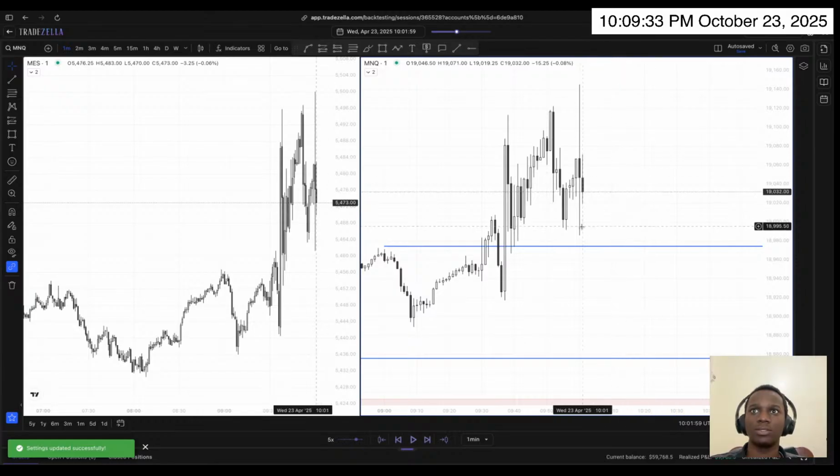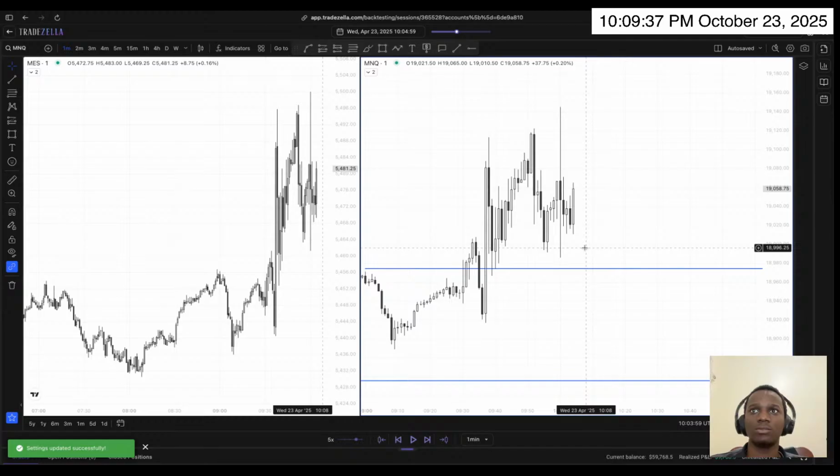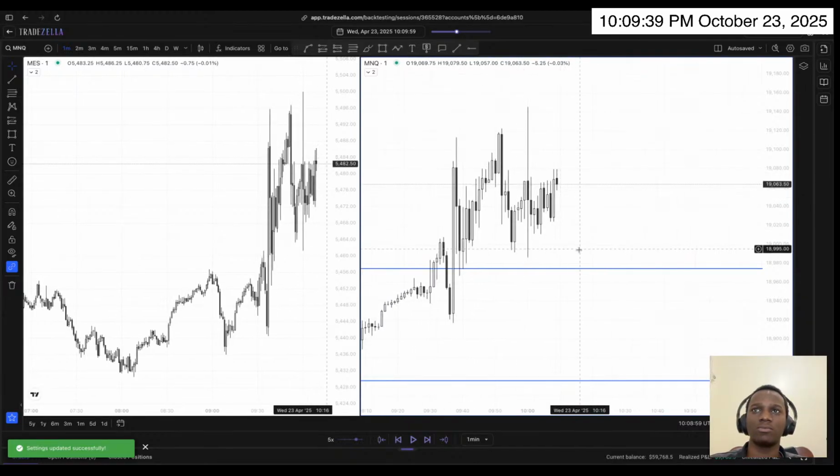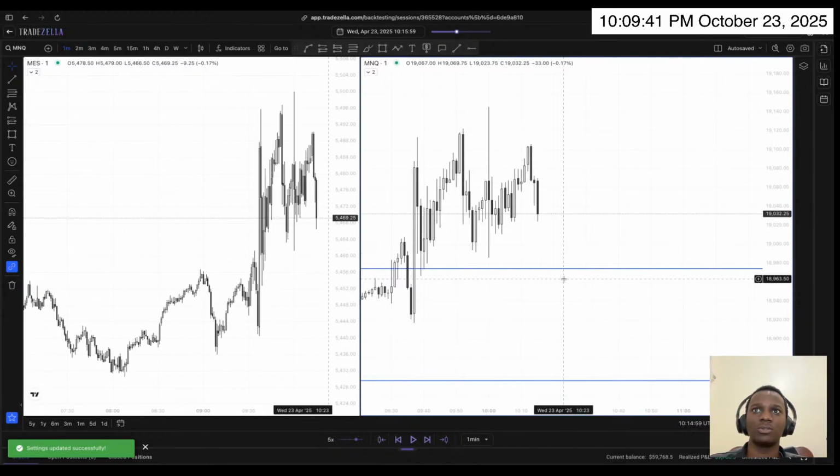Okay, now we get a retrace. Okay, it's a 10. It's a 10. I'd like to see drop inversion. Some reason to enter long.